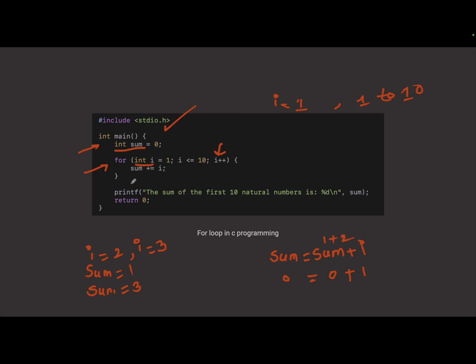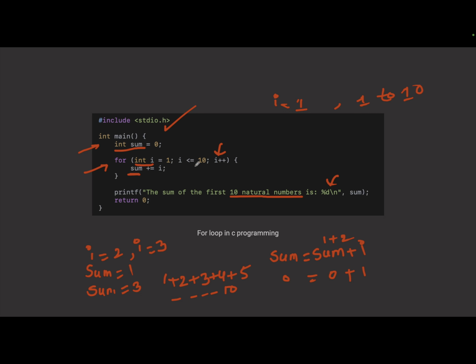Again in the same manner, it will get the sum of I from 1 to 10. 1 plus 2 plus 3 plus 4 plus 5 and likewise up to 10. The sum of the first 10 natural numbers is held inside the sum variable. Now we are printing %d sum outside the loop.